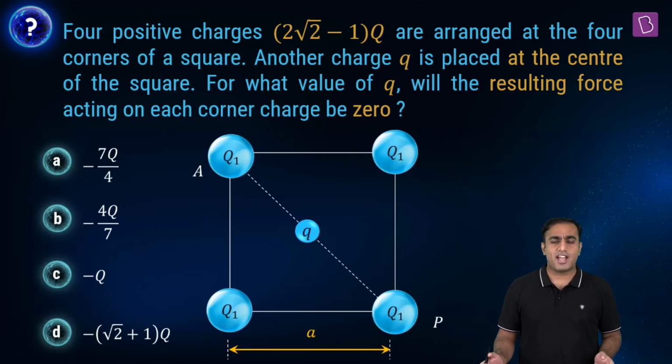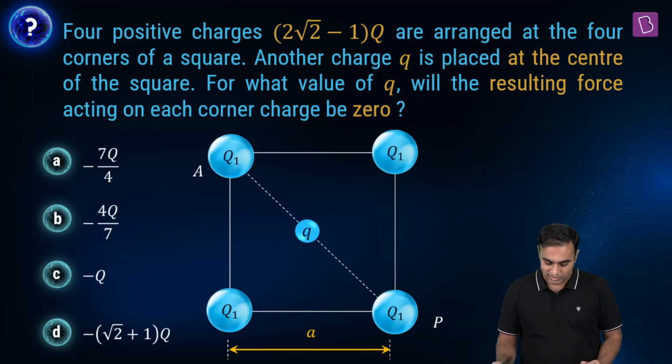Which are the forces acting on any of these charges along the plane? It's supposed to be only attractive or repulsive Coulomb forces. Now we know that these four charges are identical in nature and magnitude. So it can only be Coulomb's repulsive force.